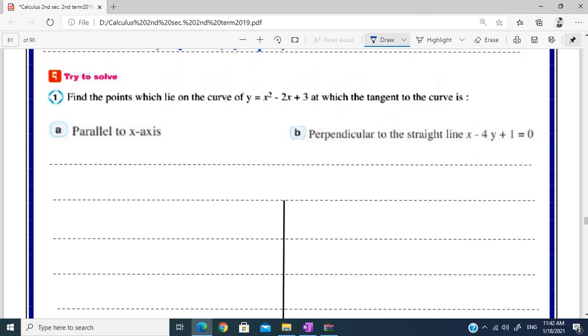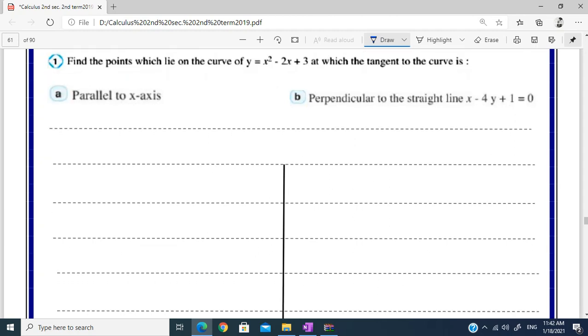Another example: find the points which lie on the curve y equals x power 2 minus 2x plus 3 at which the tangent to the curve is parallel to the x-axis. The tangent is parallel to the x-axis, so the slope of the curve equals 0, and if the tangent is parallel to the y-axis, the slope is undefined.